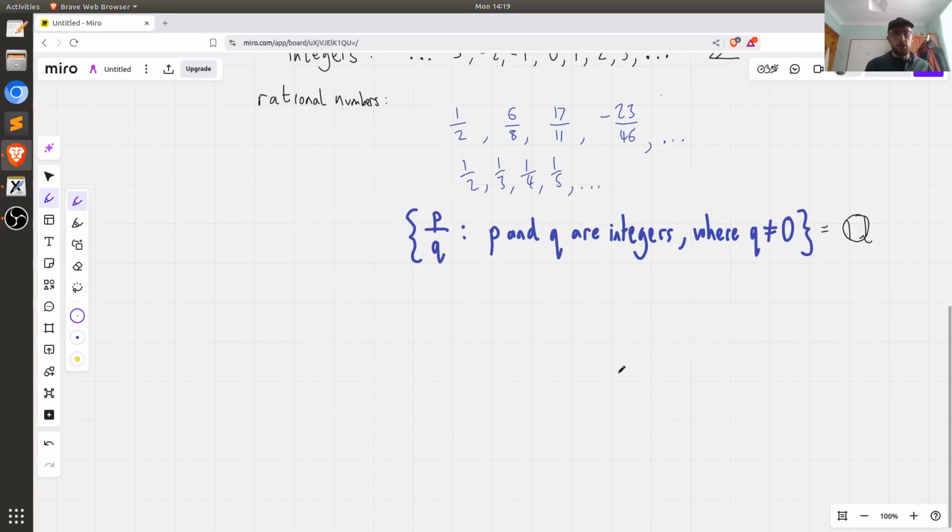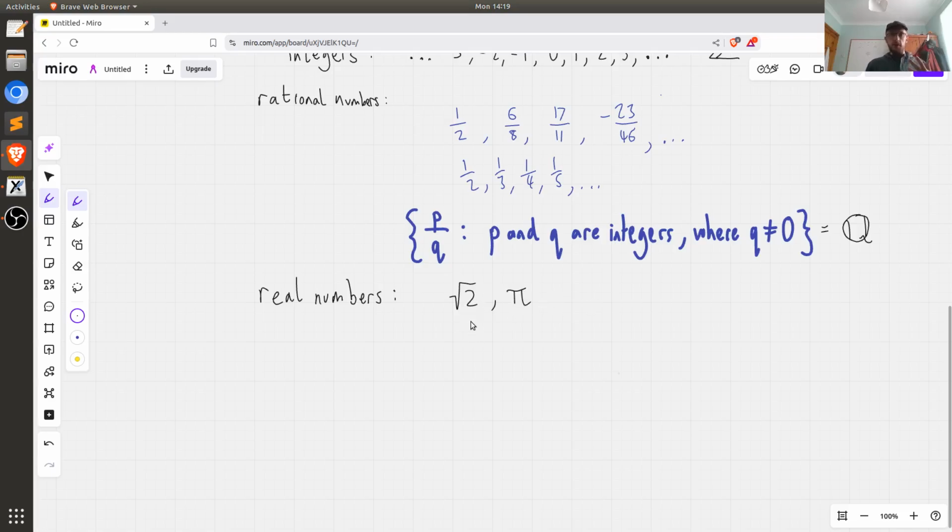Well, beyond these are the real numbers, which includes all of the rational numbers, and then also, crucially, the irrational numbers. The most famous irrational numbers being the square root of 2 and pi.